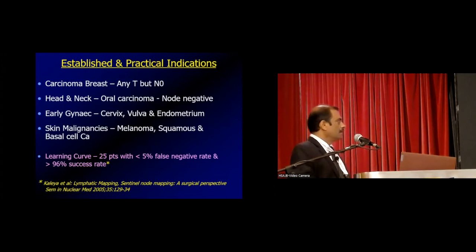What I mean is, for the first 25 patients, irrespective of your sentinel node findings, you will go ahead and do the regular procedure, that is lymph node dissection, on those patients, which will prove that we have not missed the nodes, with less than 5% false negative rate, and in more than 96% of the time I have shown the successful identification of the sentinel lymph node. So, once you fulfill this criteria, you can start doing sentinel imaging and biopsy by yourself.